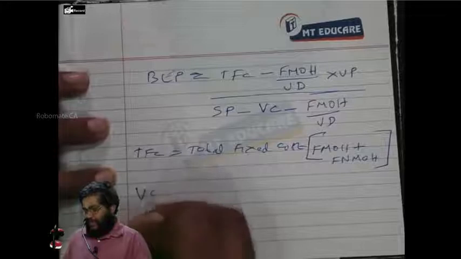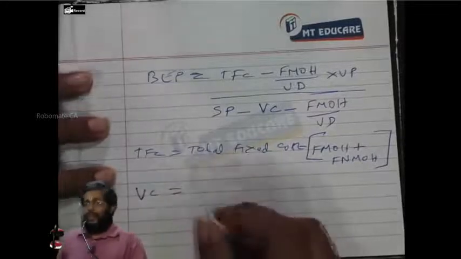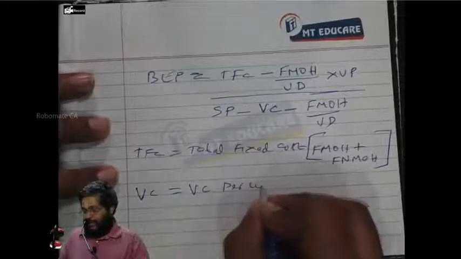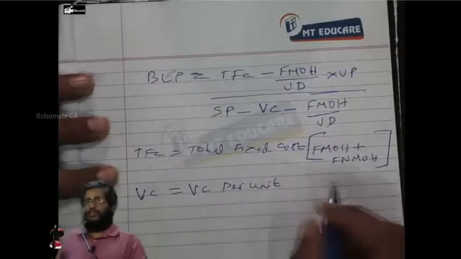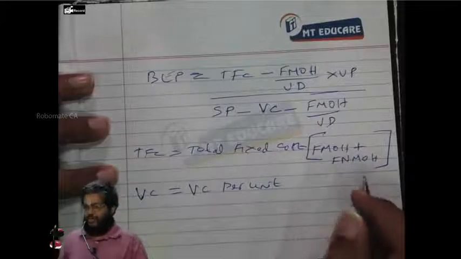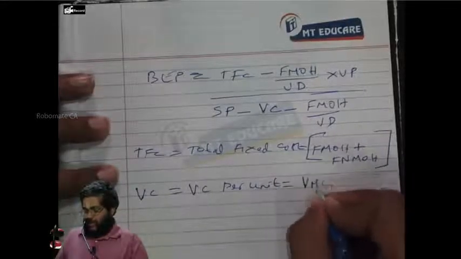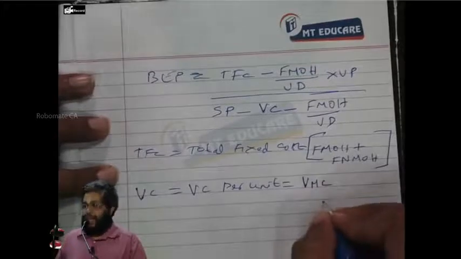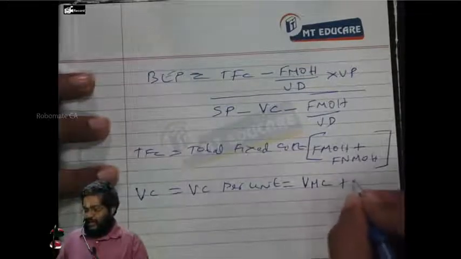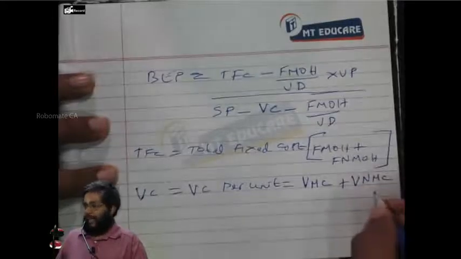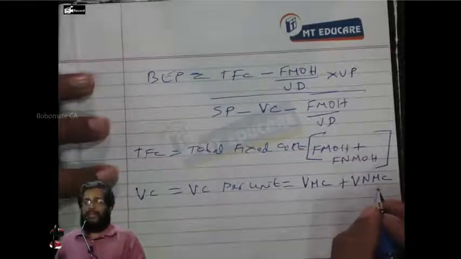Next. VC is equal to what? Variable cost per unit, which is equal to VMC, variable manufacturing cost, plus VNMC, variable non-manufacturing cost. We have a variable selling expense or not?